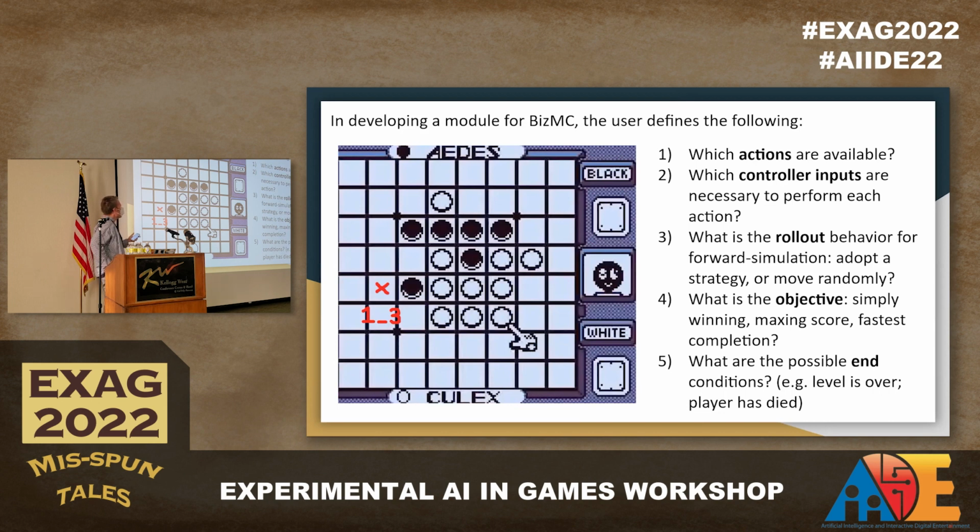And from that, we're able to define which controller inputs or manipulations need to be done in order to execute it. For example, if we define moving to that spot as 1-3, then we can say in the execute function that the way you do that is you move left and then up until the memory address of the cursor matches the target.